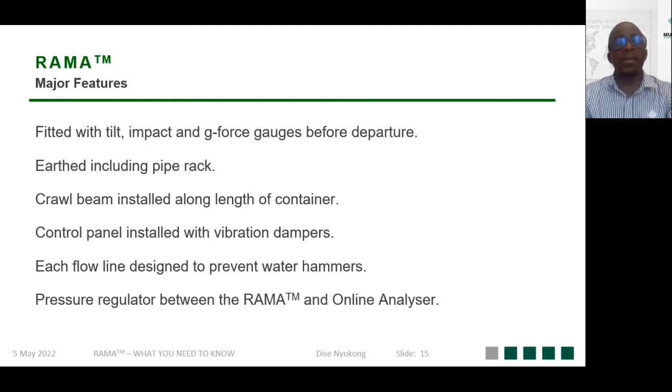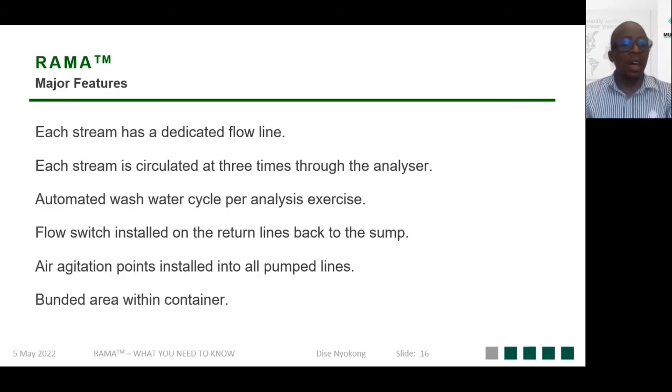There's also a pressure regulator between the RAMA system itself and the online analyzer to prevent any premature failures of the line and also any damages to the online analyzer. Further, there is also a dedicated line that is sent to the analyzer. This is to prevent any cross-contamination that normally happens with conventional analyzer setups between the process control samplers and an analyzer.